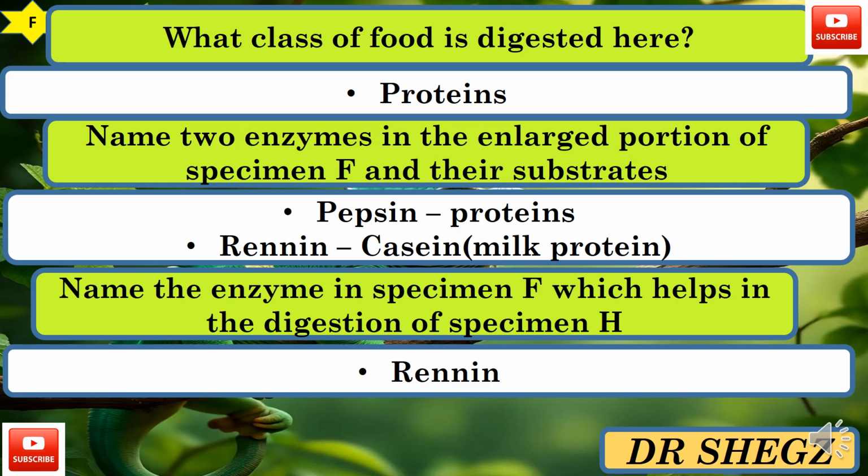There are two enzymes produced by the gastric juice of the stomach. Now, the enzyme in specimen F helps in digestion of specimen H. Specimen H is milk. So, which enzyme helps in the digestion of specimen H? The enzyme there is renin. We just said that renin acts on casein, which is milk protein.